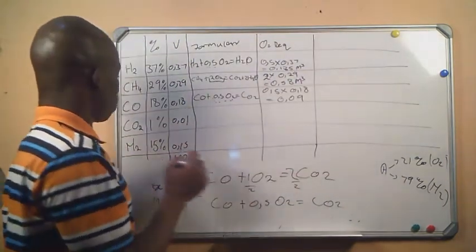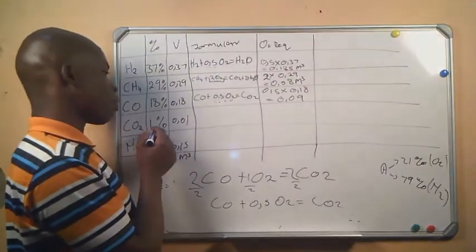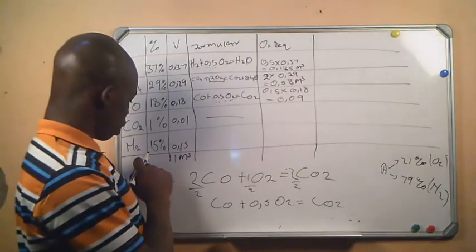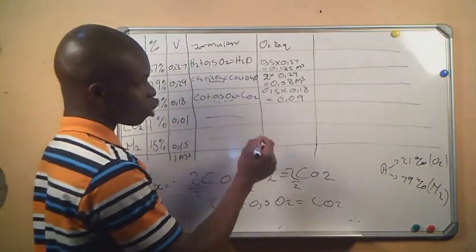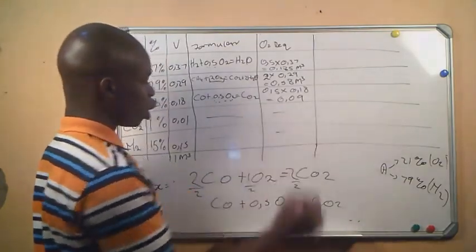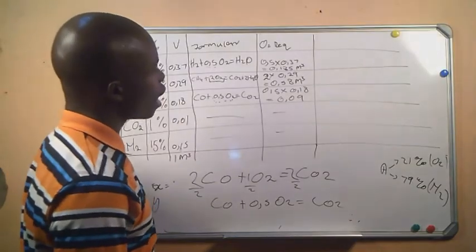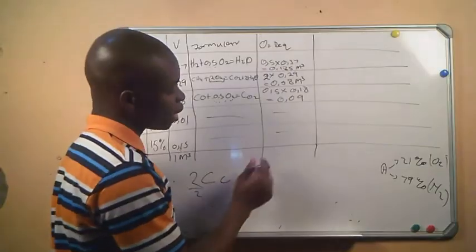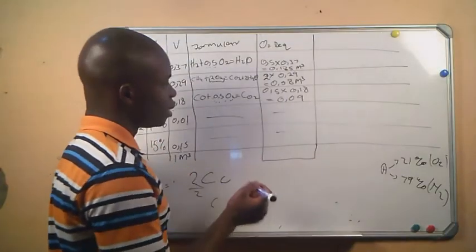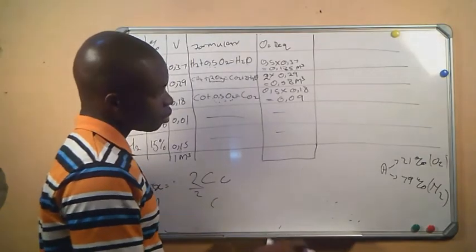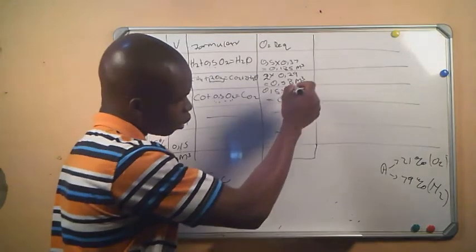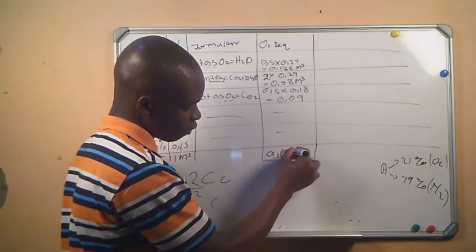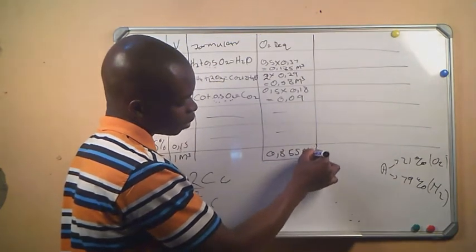And then for carbon dioxide, we know that carbon dioxide doesn't react. Nitrogen also doesn't react. Therefore, they will not require any oxygen. From here, we calculate the amount of oxygen needed by volume, which is the sum of these three, and I got 0.855 cubic meters.